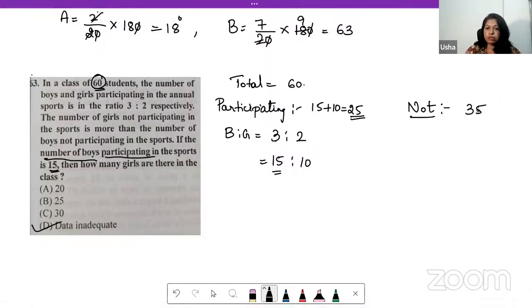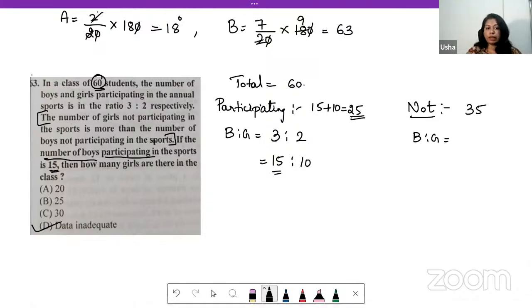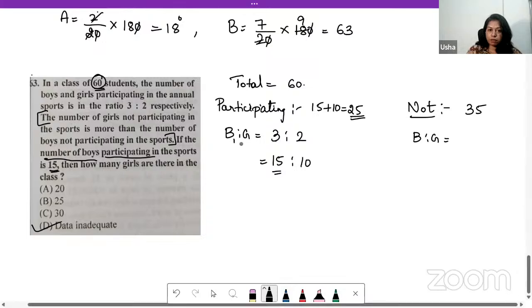Now, among these, we have again a boys to girls ratio. Now, this is not given. They have just given that the number of girls not participating in the sports is more than the number of boys not participating. So let me take B1 and G1, which is boys and girls participating in sports, and B2 and G2, which is boys and girls not taking part in the sports.